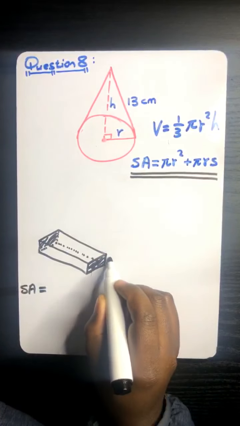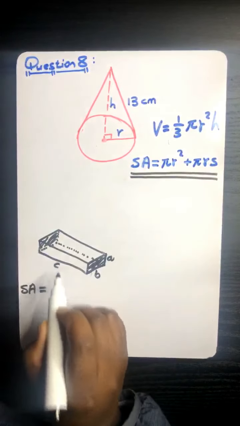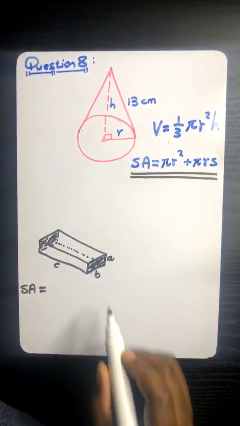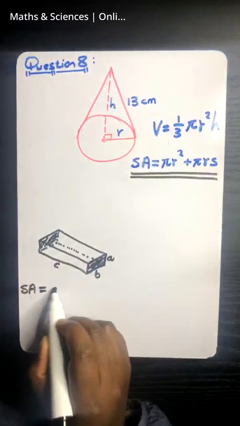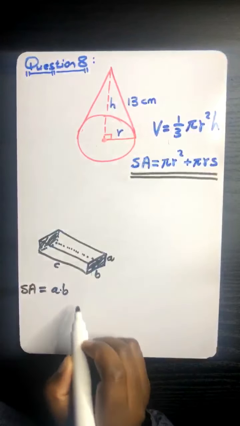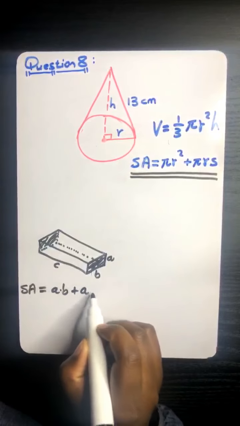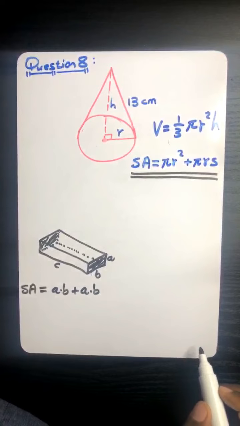Let's say this side is A, this is B, and that long one is C. So the surface area for these two sides, this one and that, is going to be A times B. And also for that other side, it is going to be A times B. Do you guys agree with me on that one?